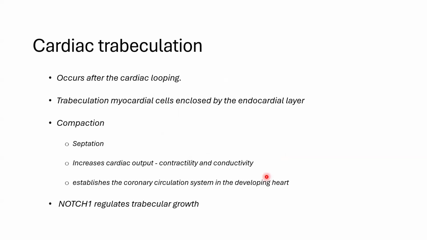So right after cardiac looping occurs, you need to have trabeculation of the ventricles, because that is important in the final ability of the ventricle to contract. And it also helps with conductivity as well.